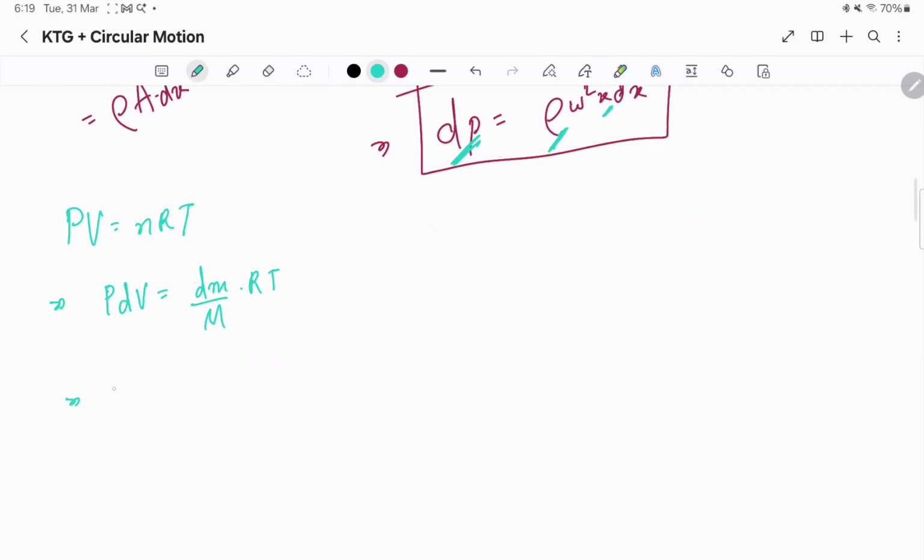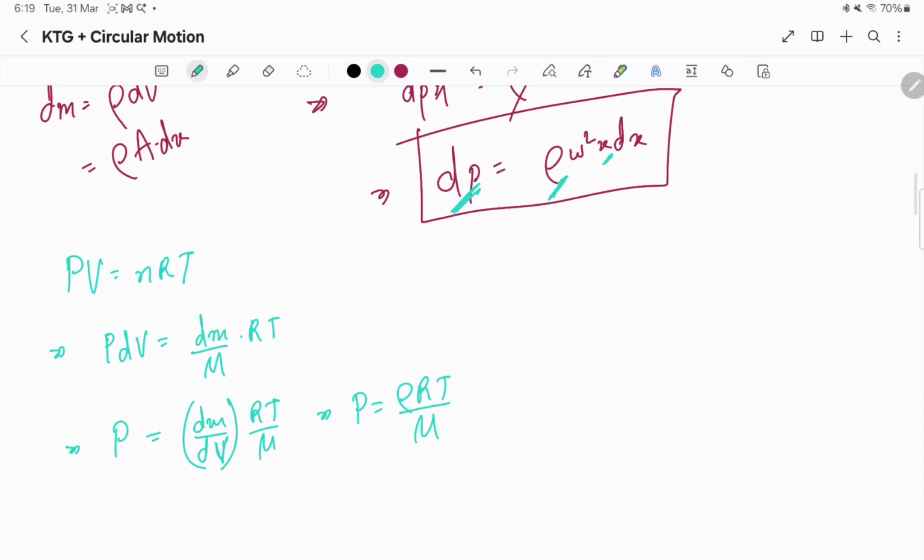From here we can clearly see that P is equal to dm by dV times RT by capital M, and dm by dV is nothing but density, so P is equal to rho RT divided by M.